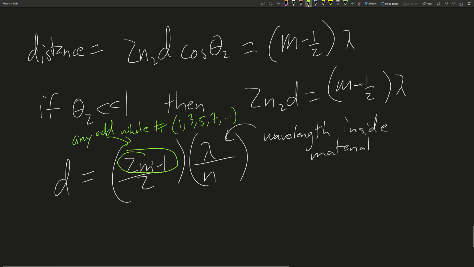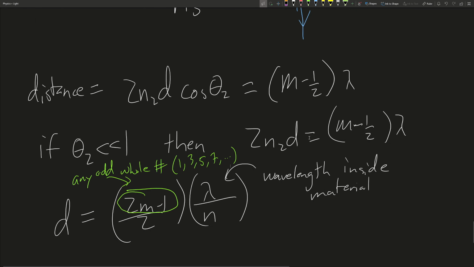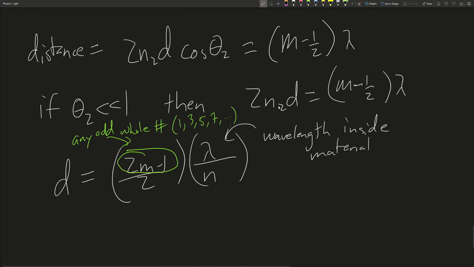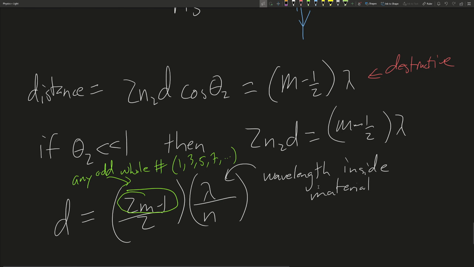So if this is any odd whole number, then using this formula, you can get the distances that will destructively interfere. So this is destructive interference. You get the thicknesses of film that will cause destructive interference for this wavelength of light.